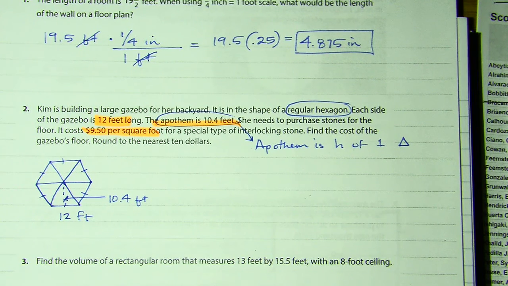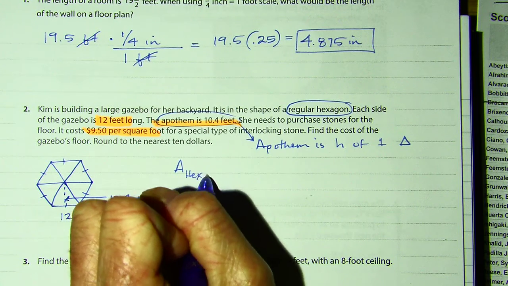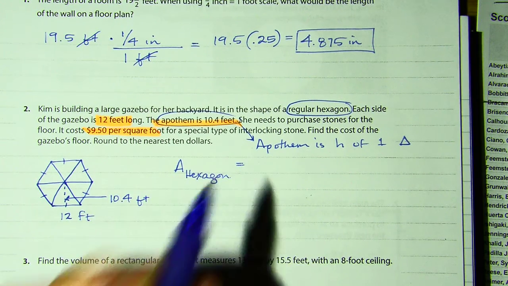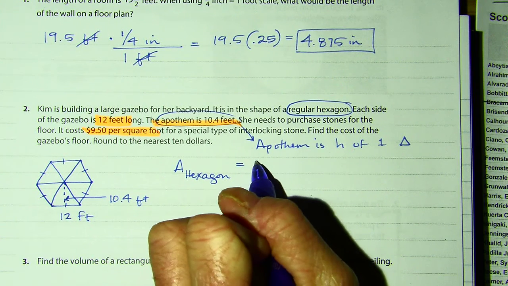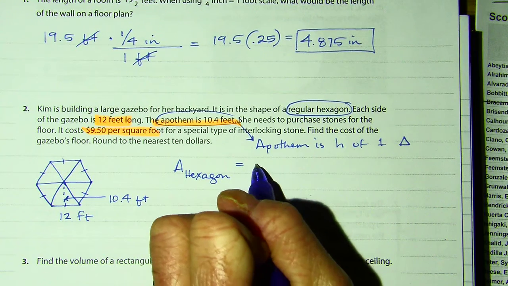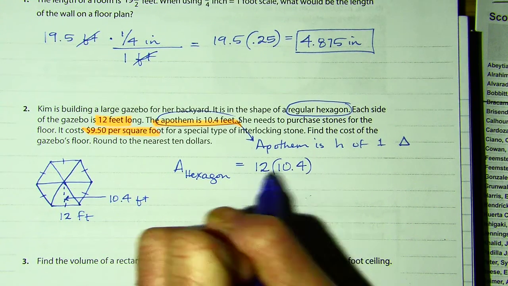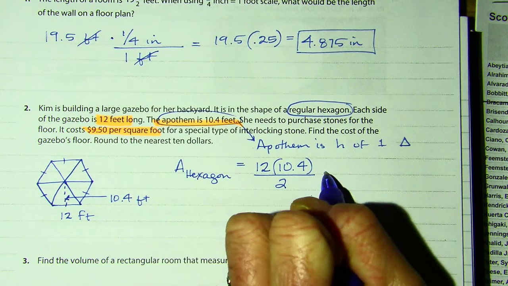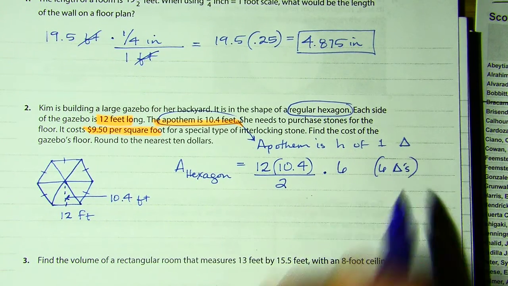So in order to find the cost of the gazebo's floor, I'm going to have to find the area of the hexagon. So I have 6 triangles. Let's find the area of one of those triangles. The area of a triangle is base times height divided by 2, but I'm going to multiply that by 6 because there are 6 triangles.